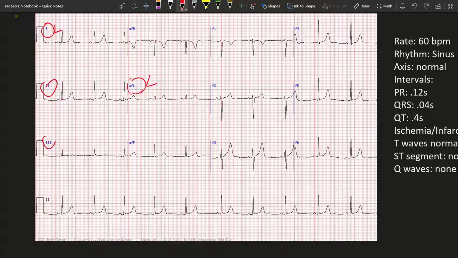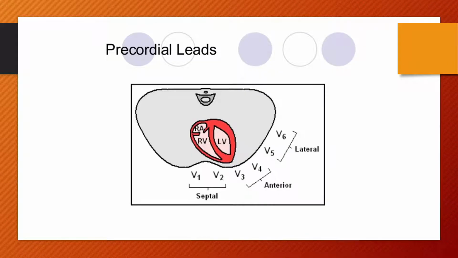Inferior leads are 2, 3, and AVF. And then anterior, these are typically septal, and that's also anterior, and then this will also be your lateral leads, the V5, V6 as well.